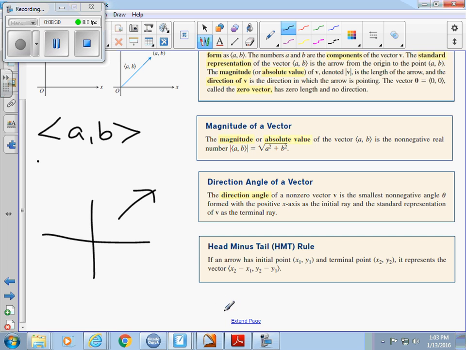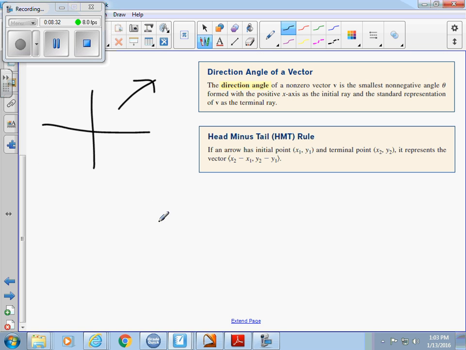In physics, which this is used in mathematics as well, there is a vector i that is the vector 1, 0, and a vector j, which is the vector 0, 1. Correct? And so you could write any vector as a sum/multiplication of these two vectors.